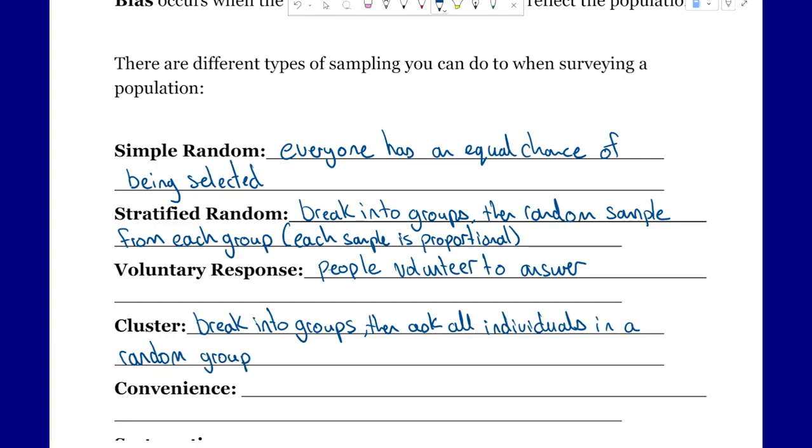For example, if we are surveying students, we go into the cafeteria at lunch, and the students are already broken up based on tables. We randomly select a few tables, and we ask everyone sitting at those tables. So they're broken up into groups, and we ask everyone in random groups.